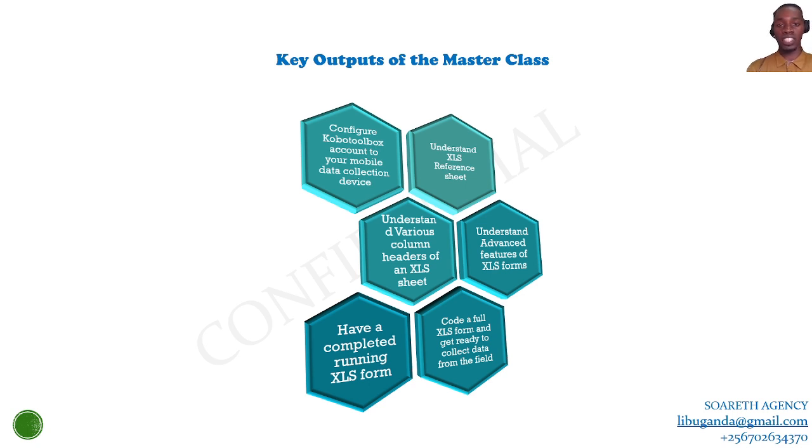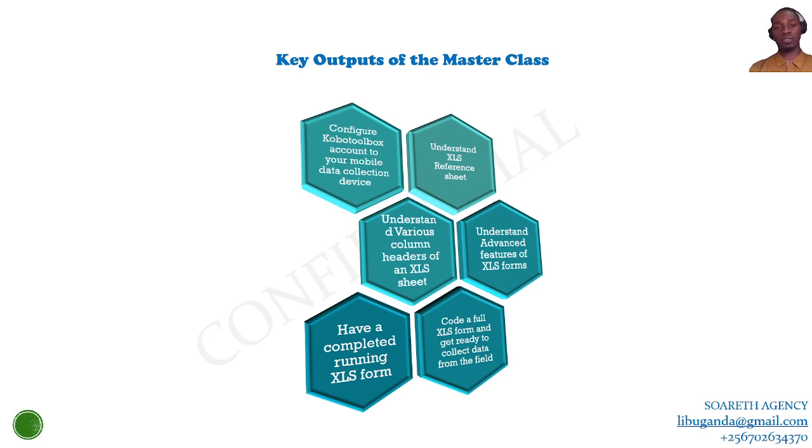You should be able to understand an XLS reference file. You should be able to understand the various column headers on the various XLS sheets. You should be able to understand the advanced features of XLS forms, and we shall have a completed XLS form that we can use to go and collect data from the field.